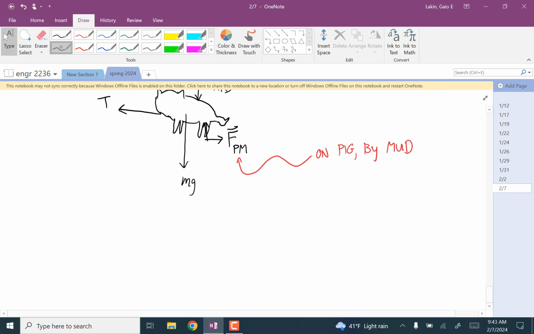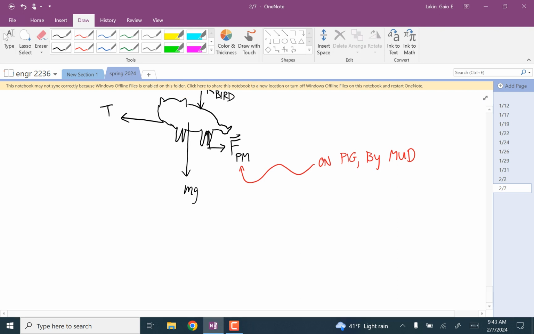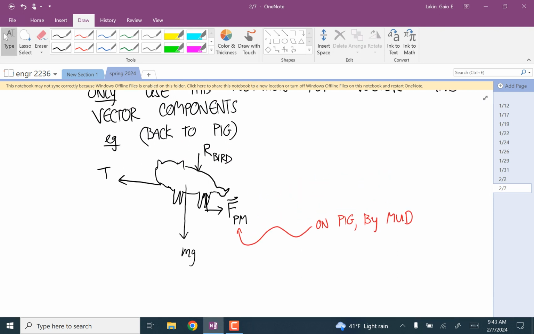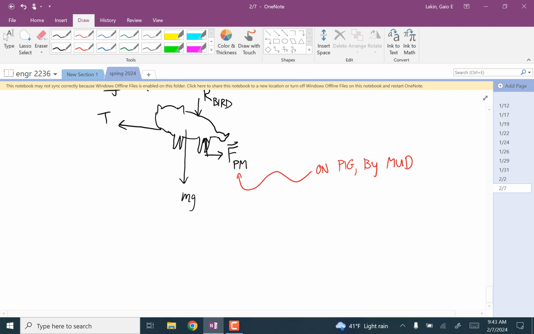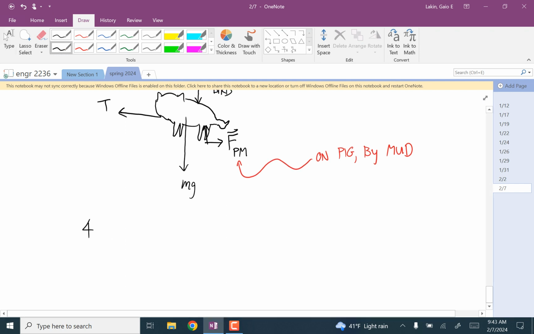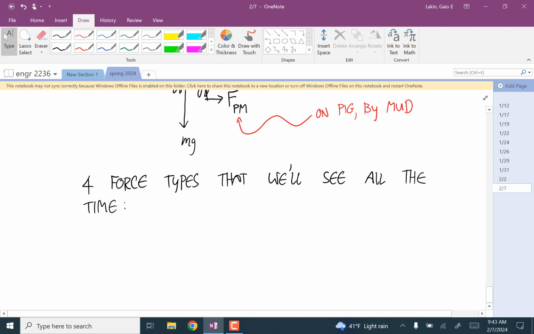Okay, so I'm going to talk about, I guess, 4 forces. These are 4 force types that we'll see all the time. 3 of those have known directions.